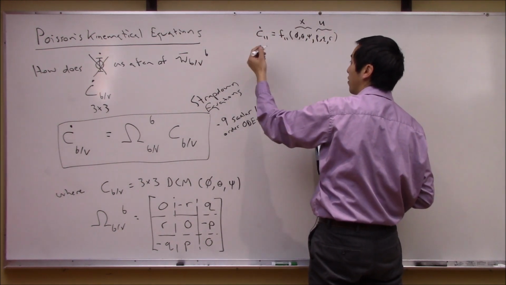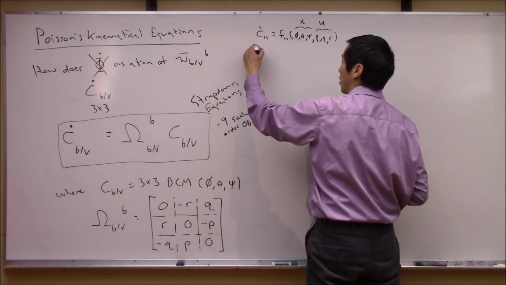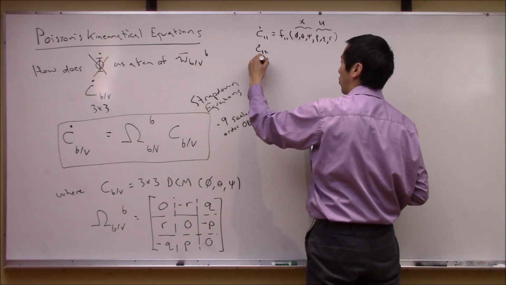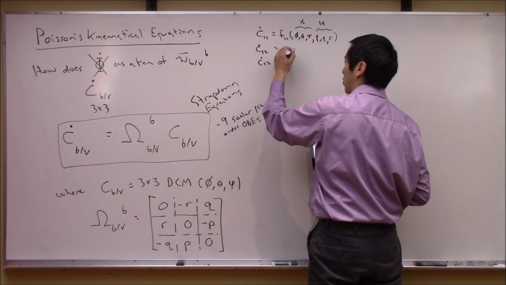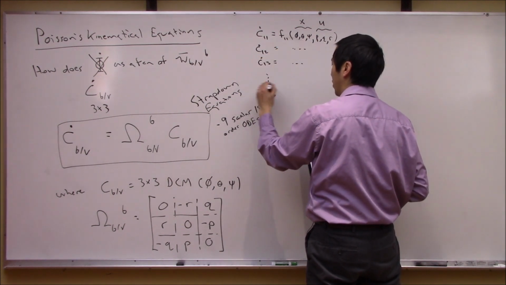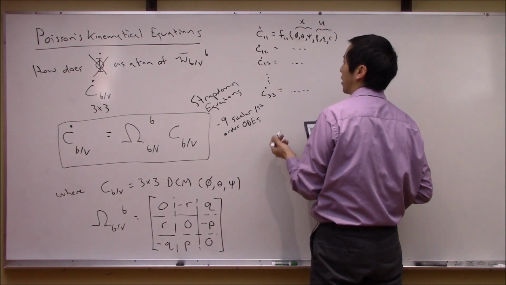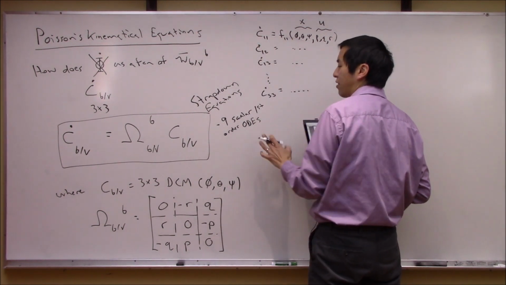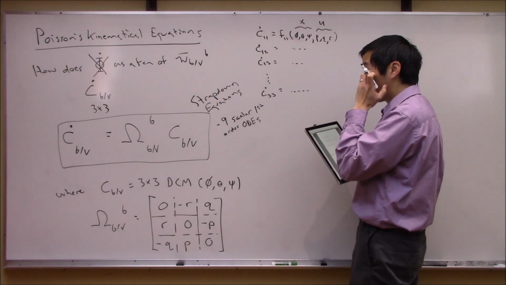So there would be a C12 dot, a C13 dot, equal to something similar, all the way down to C33 dot equal to some other function. So you see, here are these 9 scalar first order differential equations, right?